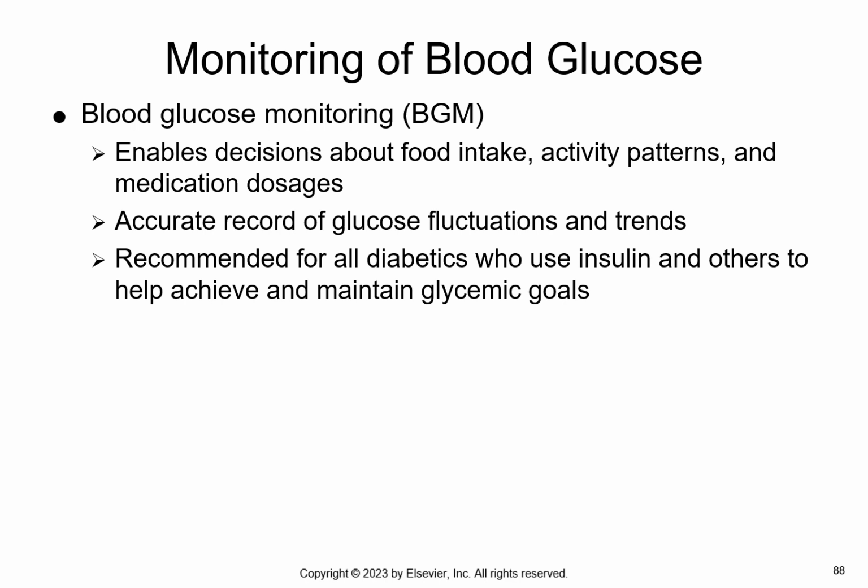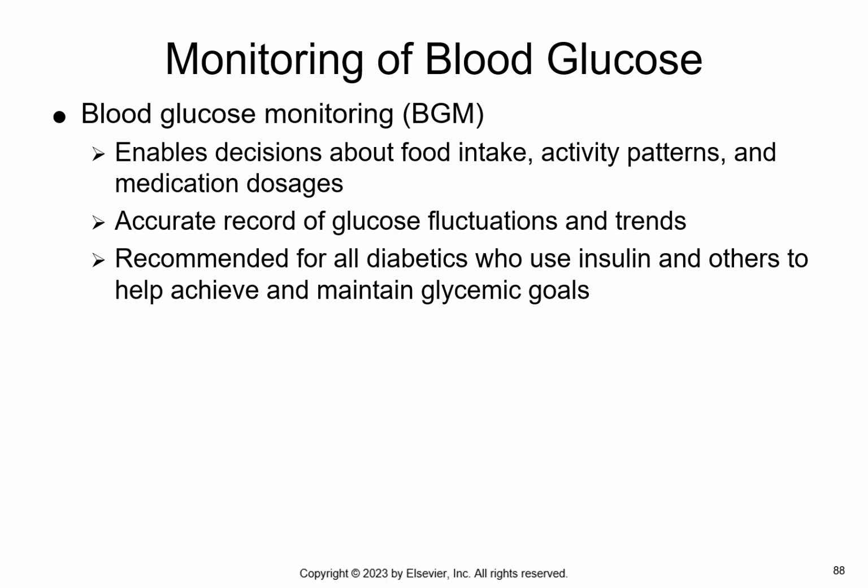Blood glucose monitoring is a critical part of diabetes management by providing a current glucose reading. The BGM lets the patient make decisions about food intake, activity tolerance, and drug dosages.